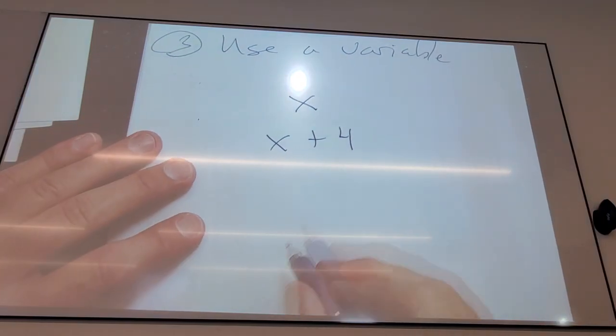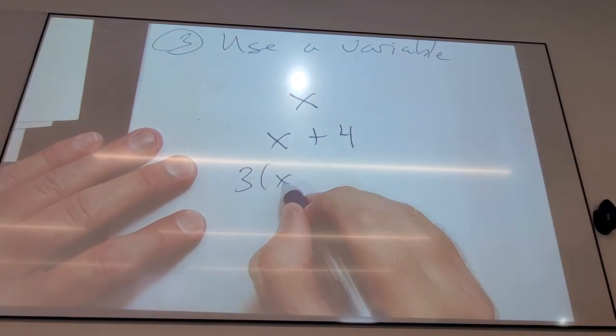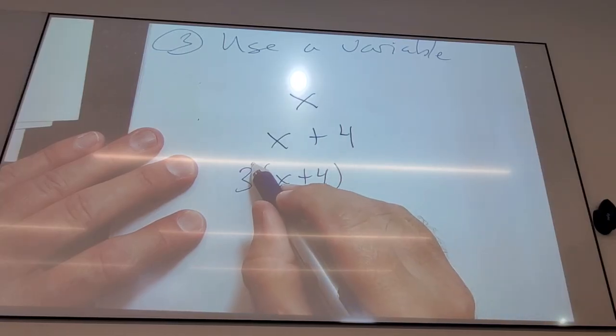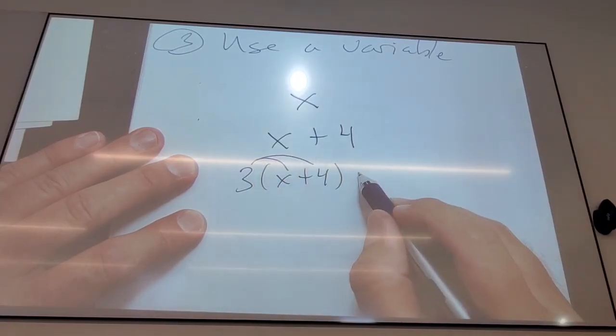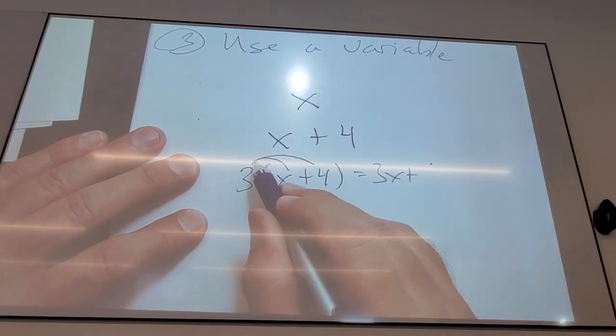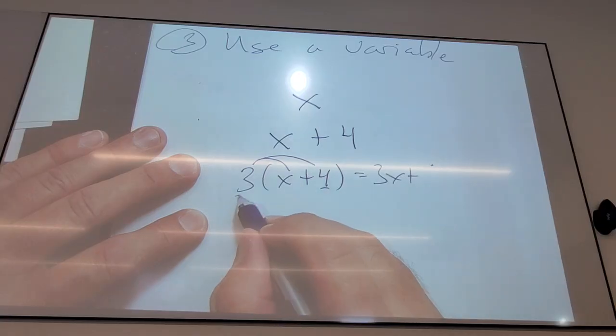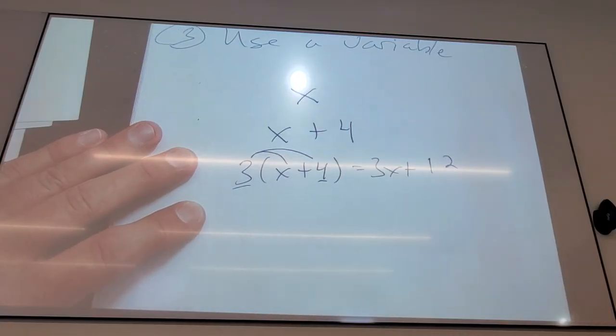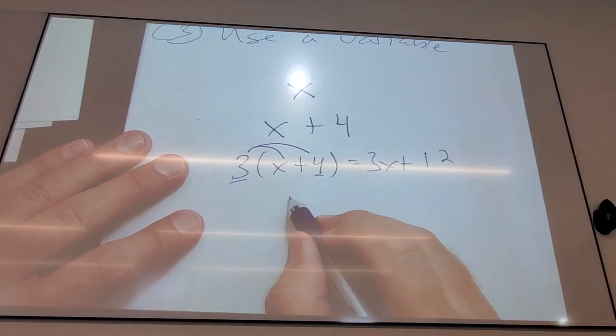Then I told you to triple it. And of course, how do you do that? 3x plus 12. Okay. And then I asked you to subtract 12, right?